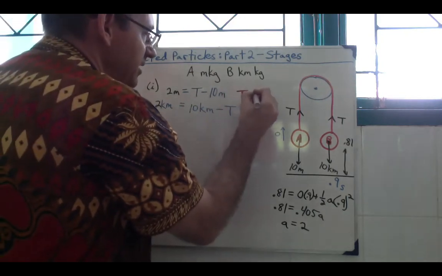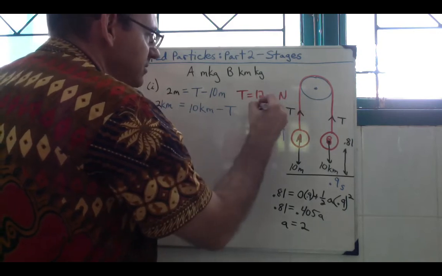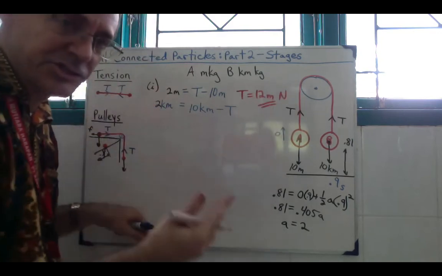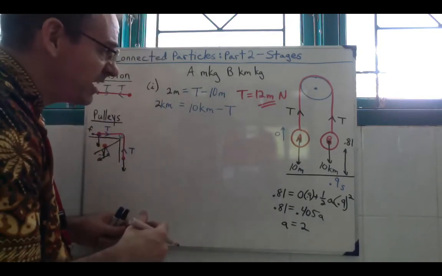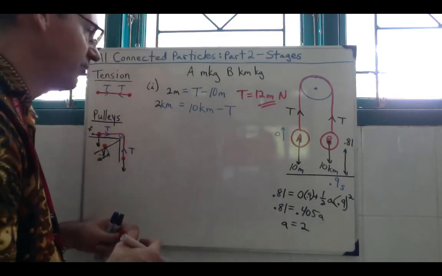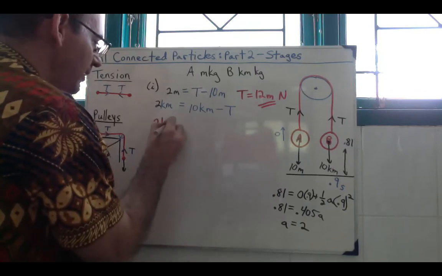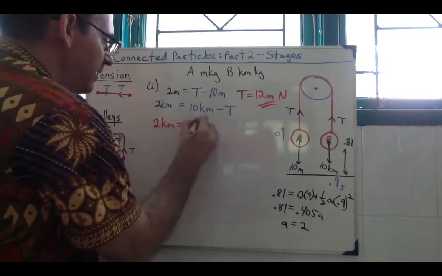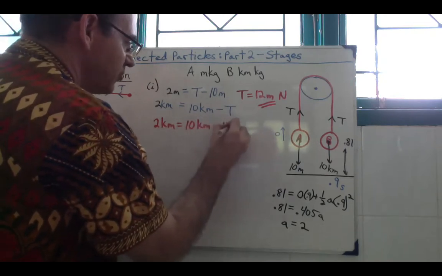So tension equals 12 m newtons. So that was part of it to show that tension is 12 m. And the second thing is we need to solve for K. So now we have 2 km equals 10 km minus 12m.